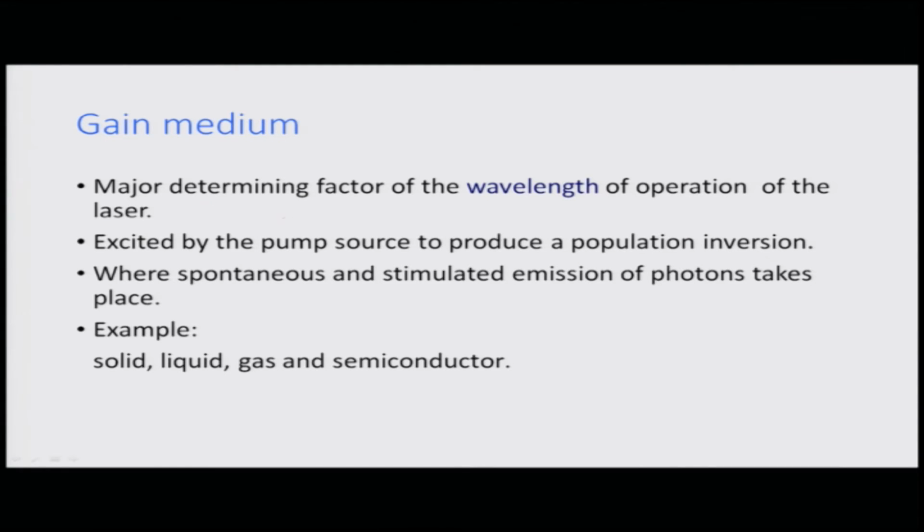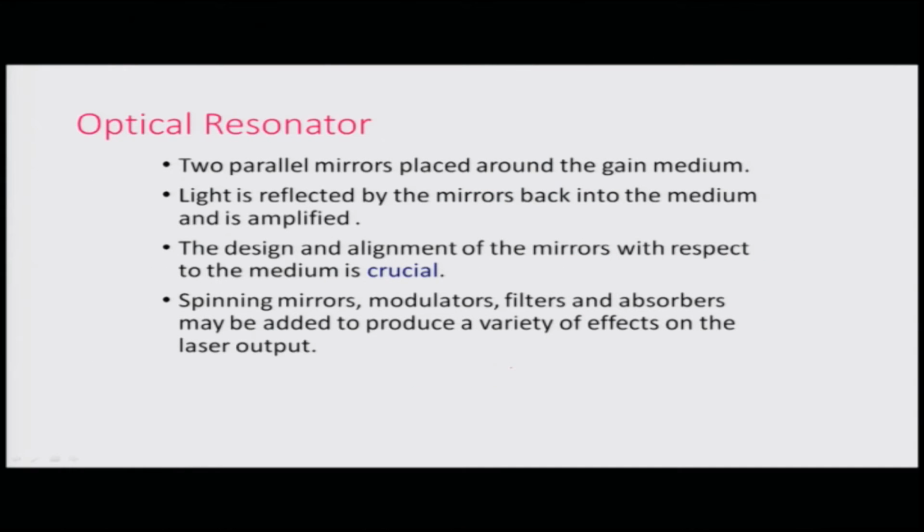The gain media is the major determining factor of the wavelength of operation of the laser, and it is to be excited by a pump source to produce a population inversion. This is the critical part which we will have to think about, how we achieve that, where spontaneous and stimulated emission of photons takes place. It can be of different kinds: solids, liquids, gases, and semiconductors.